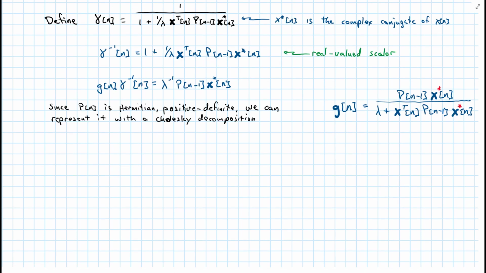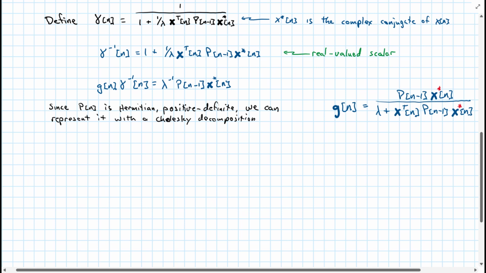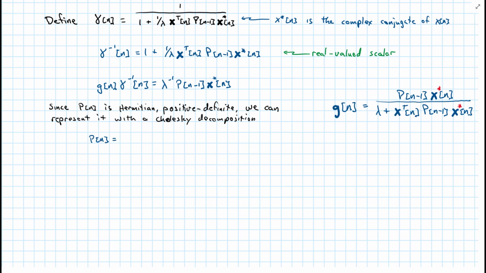There's nothing magic about this except that I'm impressed with whoever came up with it. A Cholesky decomposition is essentially that we can represent P as a product of an upper triangular matrix with strictly positive diagonal elements times the Hermitian conjugate of that matrix.